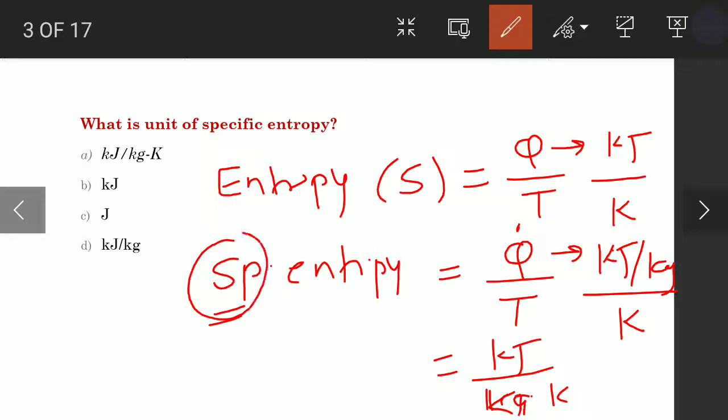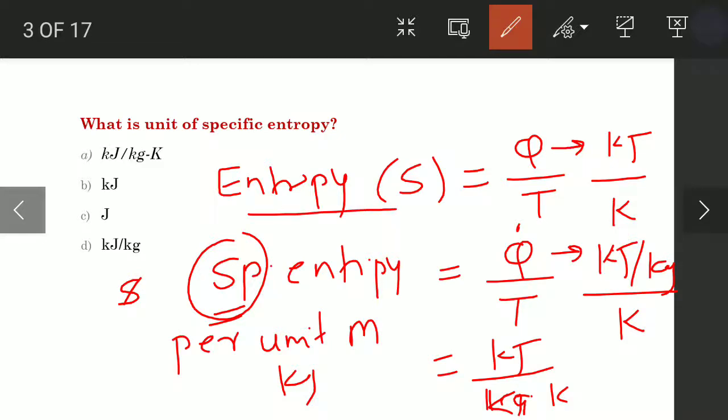Specific stands for per unit mass, and its unit is kg. So specific means per unit mass, what is the change in entropy or entropy value. Specific entropy is denoted by small s, entropy is denoted by capital S. Entropy has unit joule per Kelvin or kilojoule per Kelvin.